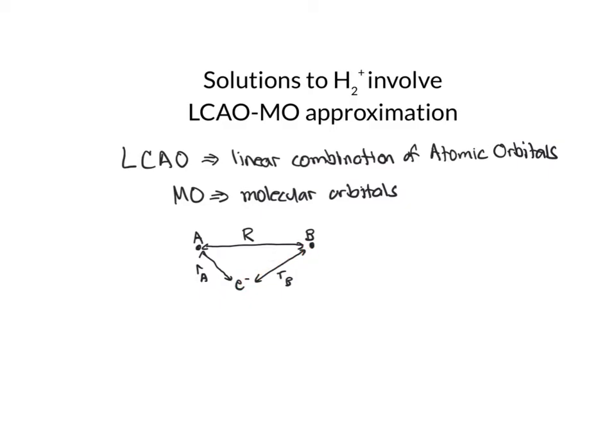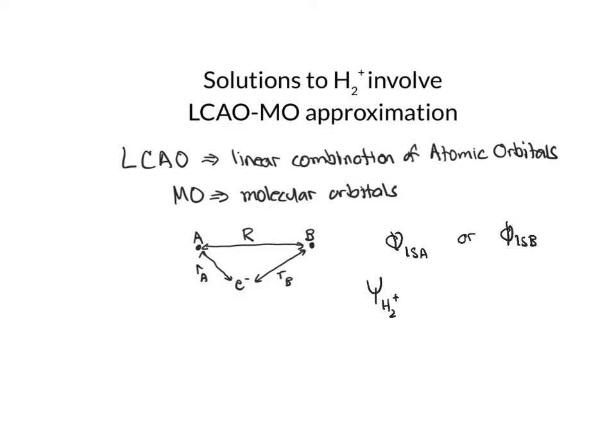So if we write that the electron is in a 1s wave function on A, or in a 1s wave function on B, so they're both in the ground state, then we could imagine that the wave function for the hydrogen molecule ion would be a linear combination of that.